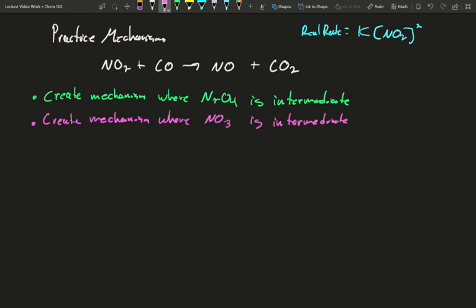See if you can come up with a mechanism for either of these that would reproduce this observed rate law. You can determine whichever step that you invent is the slow step and see if you can devise a mechanism where with either of these intermediates you're able to determine a slow step where the NO2 is second order. Give that a pause, give it a try, and come on back.